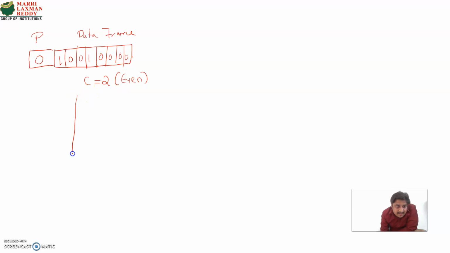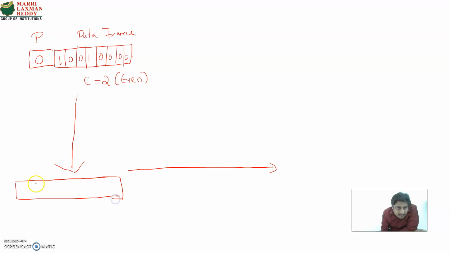As we already know, whenever it is even, the parity bit is 0. So the sender will decide the parity bit. Now what is the data frame? The data frame has the parity bit along with the data: this is the parity bit, and the data frame is 0, 1, 0, 1, 0, 0 and 0.